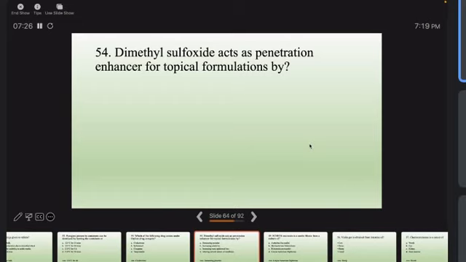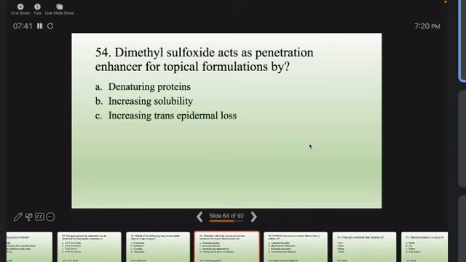Okay, let me give the options. How does DMSO act as a penetration enhancer? The options are denaturing proteins, increasing solubility, increasing transepidermal loss, altering solvent nature of the membrane.